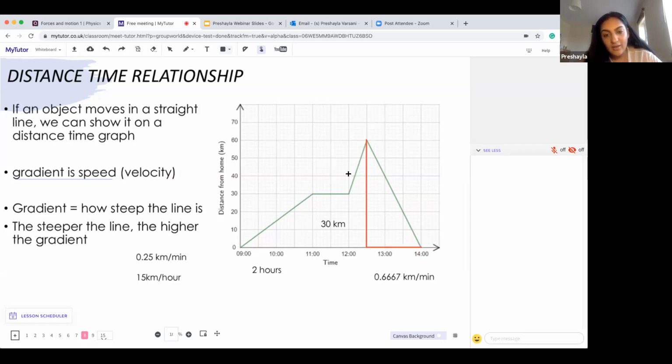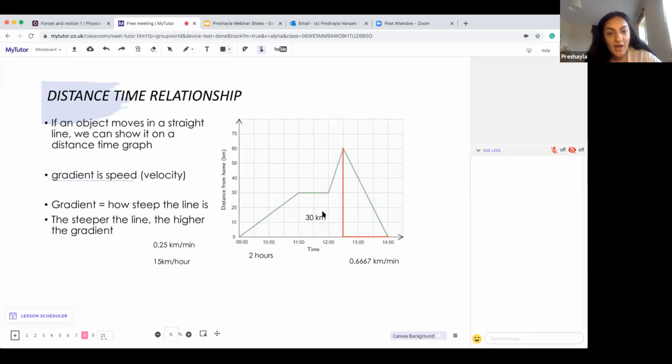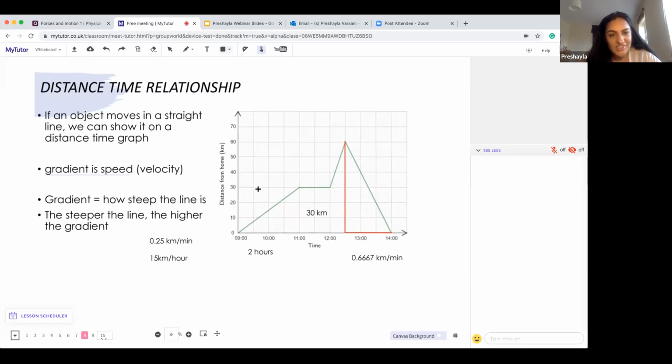Okay. Now, we can find out some helpful things from this distance time graph. The first helpful thing that we can find out is the velocity. The velocity on a distance time graph is represented by the gradient. How do I know this?